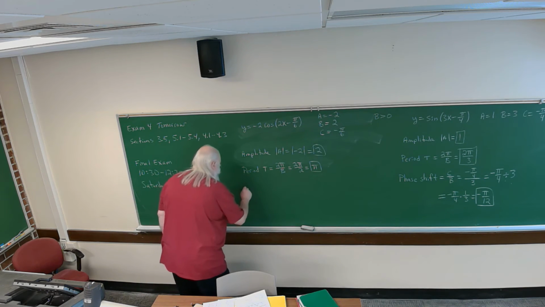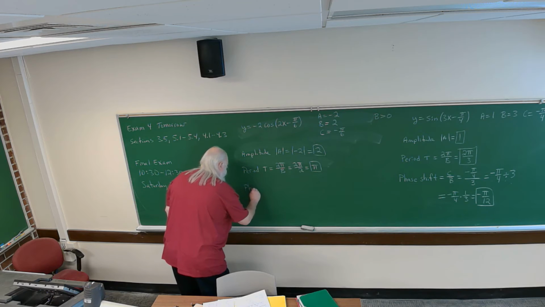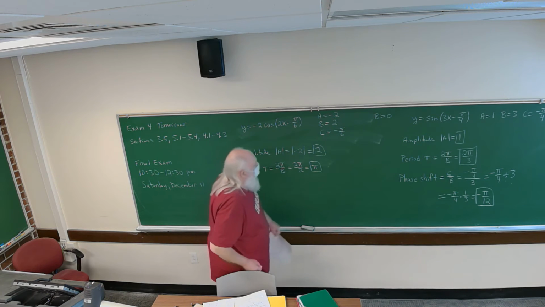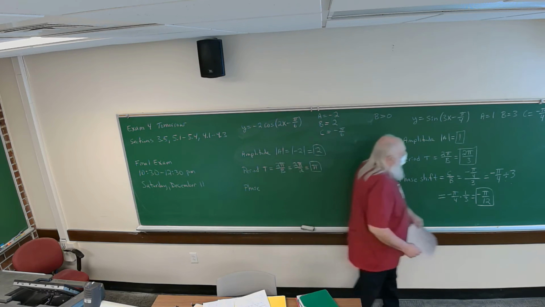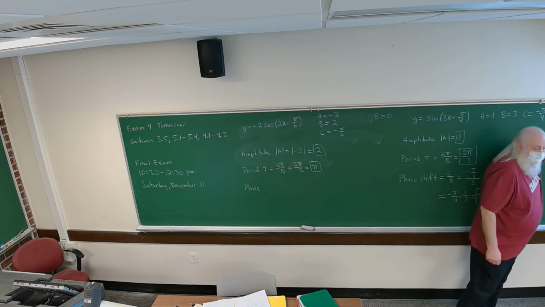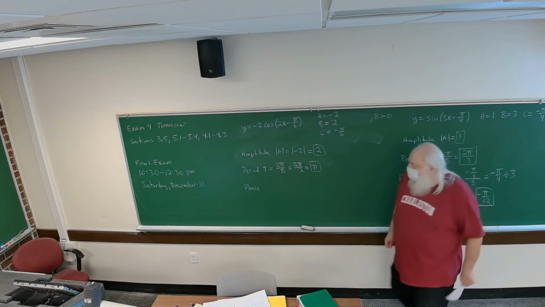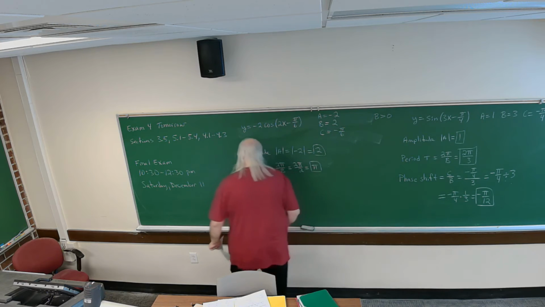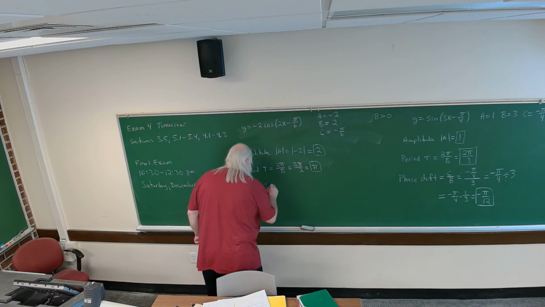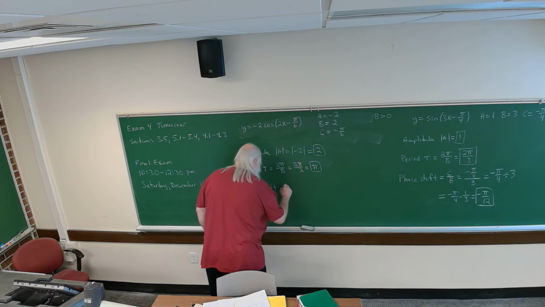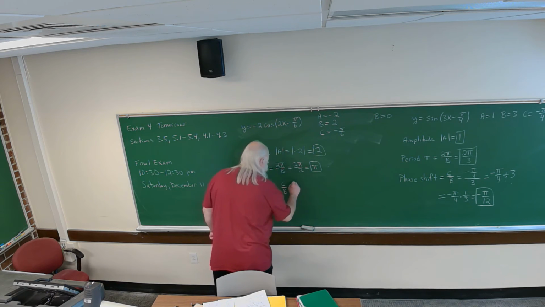And the phase shift, that tells us how much this graph gets shifted to the right. Okay. The phase shift is C over B. C in this case is minus pi over 6.